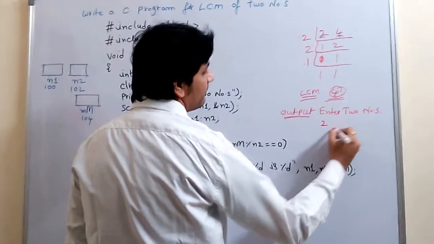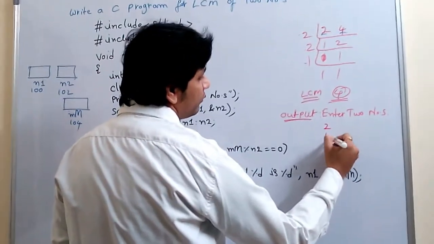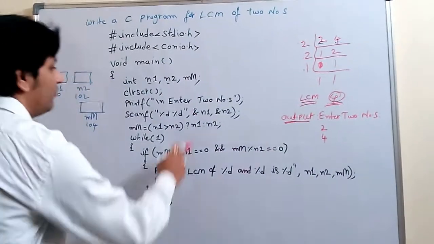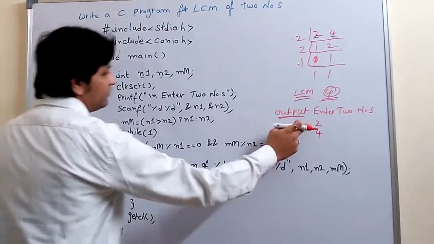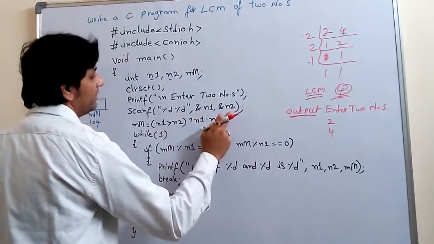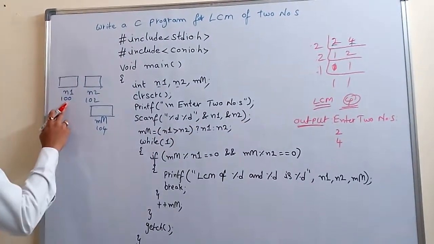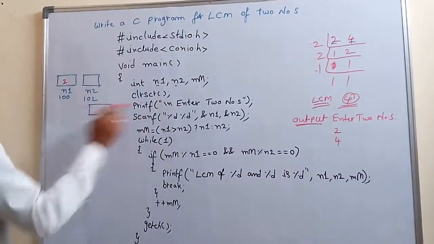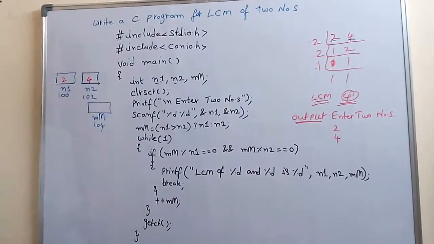You can take any numbers, 2 space 4 or 2 enter 4. The first digit, 2, is stored in the address of n1, and the second digit is stored in n2. That means in the first address the value is 2 and in the second address the value is 4.